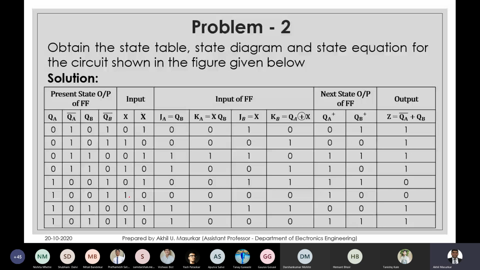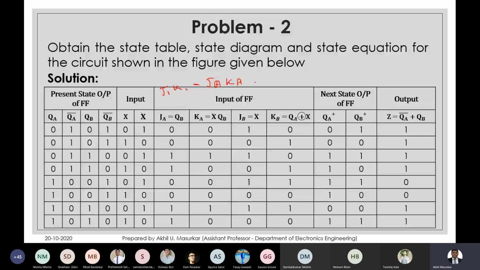So first, I would like you all to start copying this table. You can see JA and KA. I am not using the notations J1, K1. I am using the notations JA and KA, and here JB and KB.